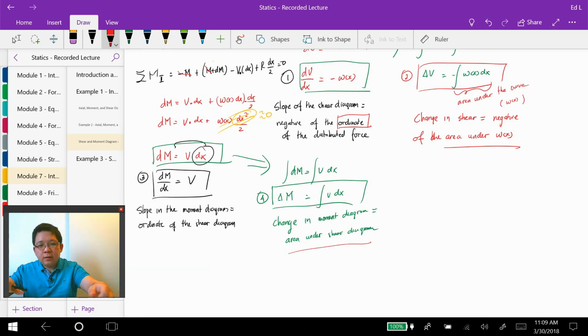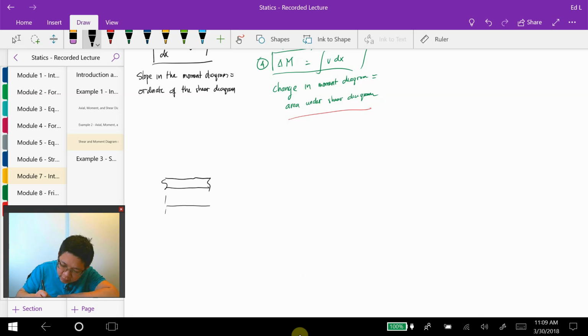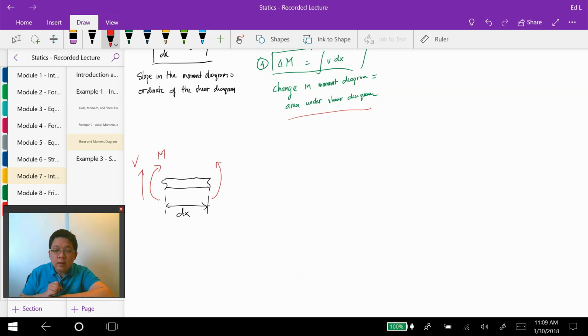Another two rules that I would like to state: when I have a section of the beam, and this section is very small again, we call it dx, and the internal forces at the left end of the beam are M and V, and the internal forces on the right end of the beam are M plus delta M and V plus delta V. Let's say on this small section of the beam we have an applied load F, and let's assume that it's going upward.